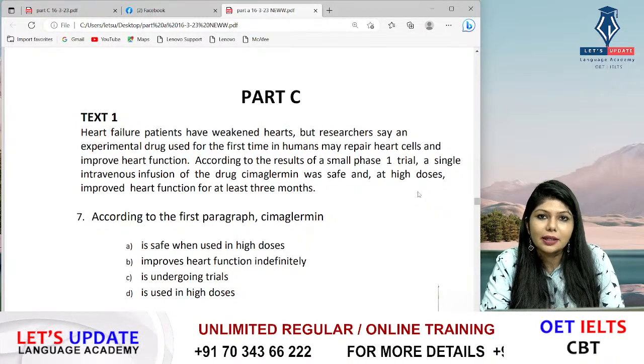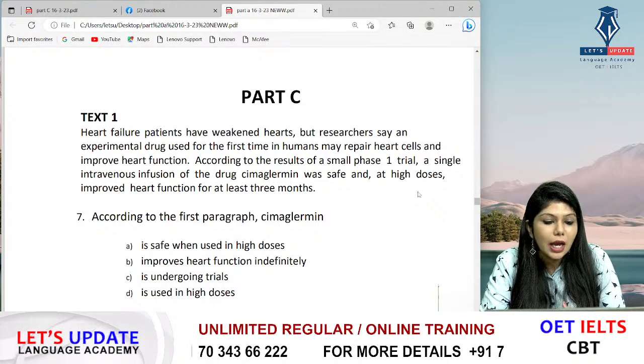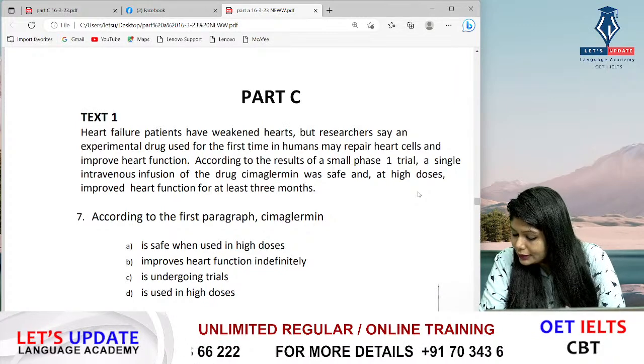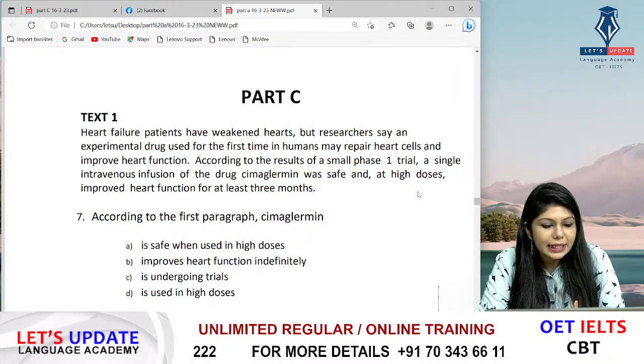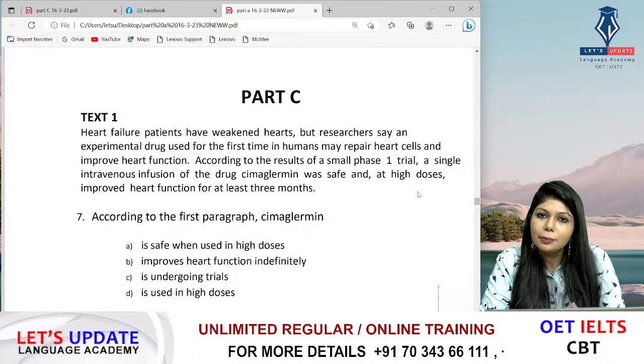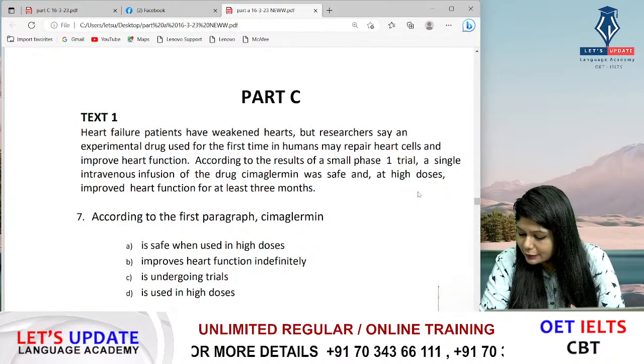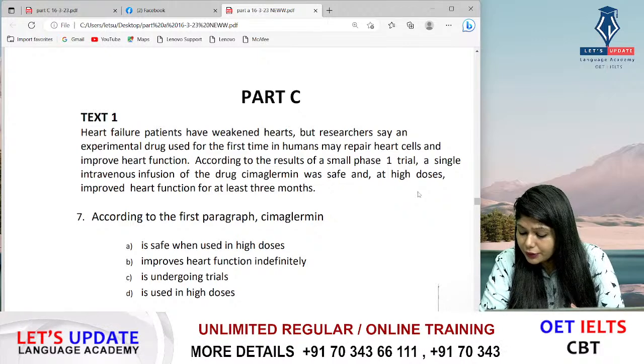These are the two methods usually used. So what do you think is the answer for this question? Whether it's A, B, C, or D, you can put your choice of answer in the comment section in Facebook. I can see answers coming up already.